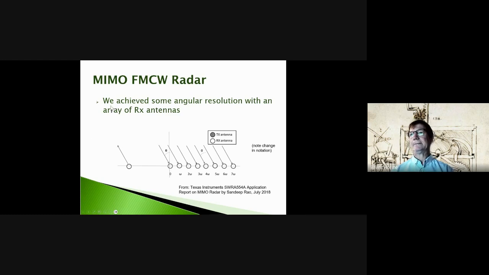Or it could just be a single input, multiple output, or vice versa, depending upon which direction you're referring to, right? But here we have one transmit antenna and some number, in this case, 8 different receive antennas, right?